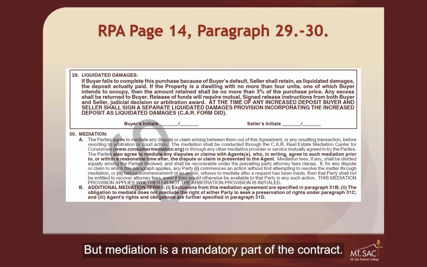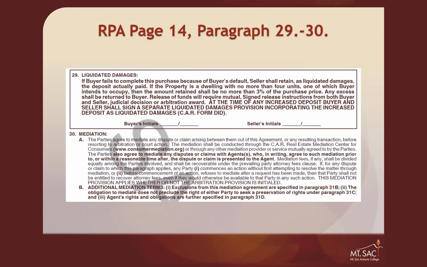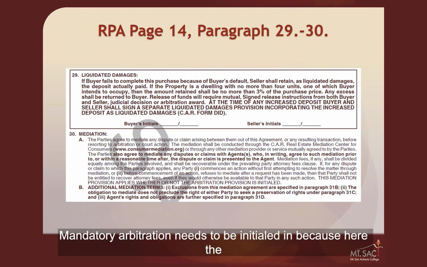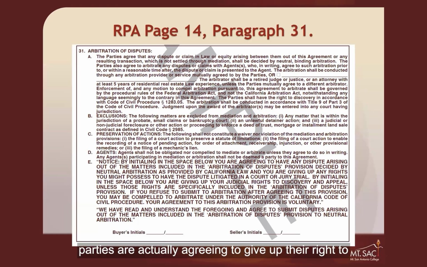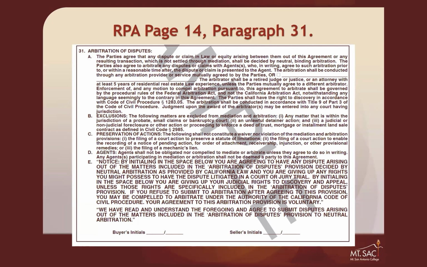But mediation is a mandatory part of the contract, okay? Mandatory. Arbitration needs to be initialed in because here the parties are actually agreeing to give up their right to trial and allow an arbitrator who needs to be either a retired judge or an attorney with at least 5 years of residential real estate law experience.